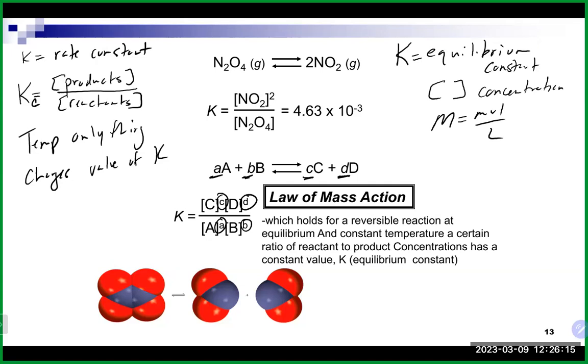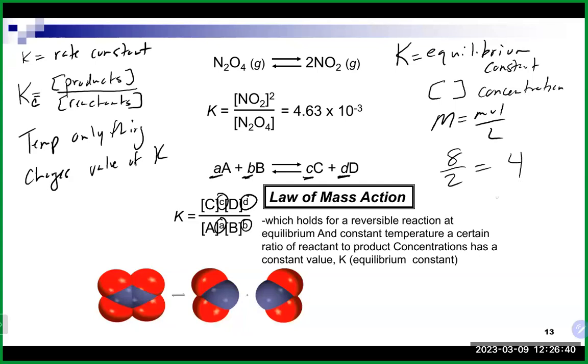So the amounts don't really matter. It will always come to rest, with the rate of the forward reaction and reverse reaction the same, at the same proportion of products to reactants. So to illustrate that with numbers, we like numbers, yes. If I take, for example, 8 divided by 2, what does that equal? 4.